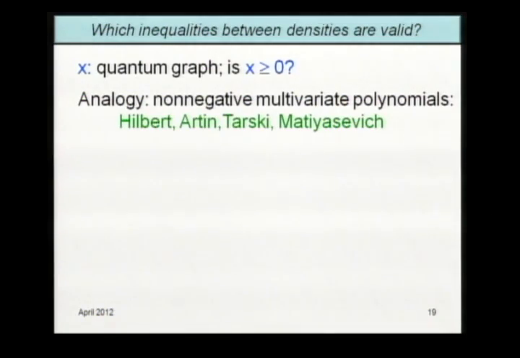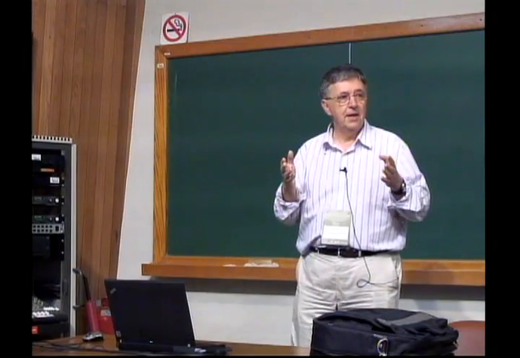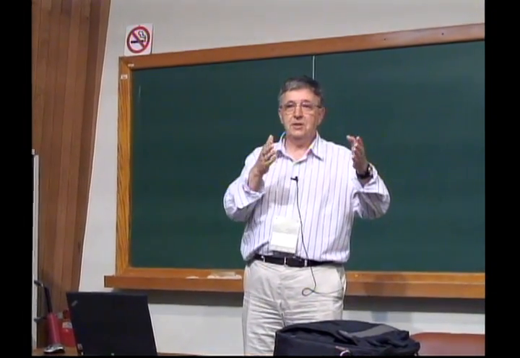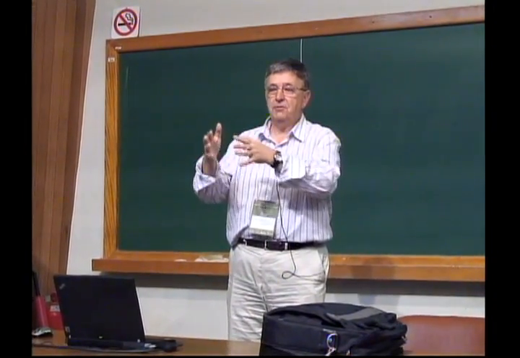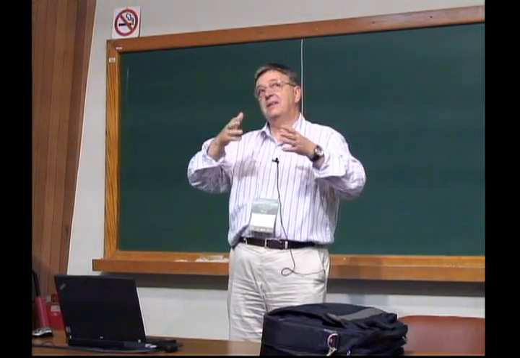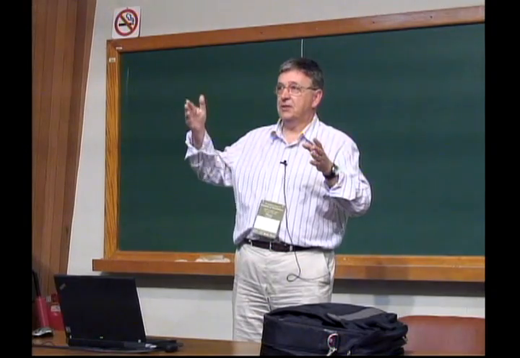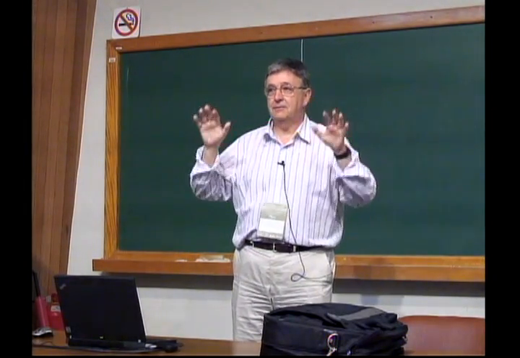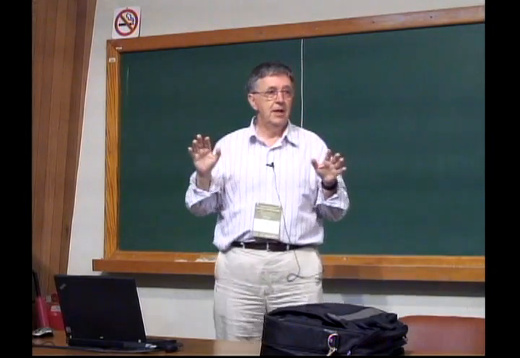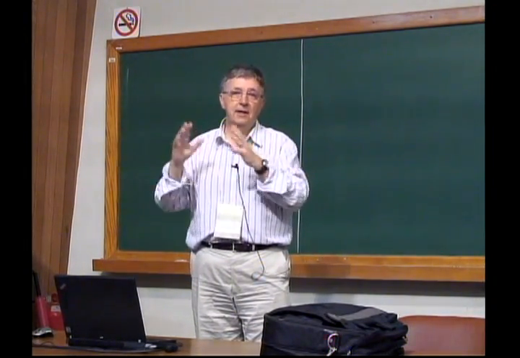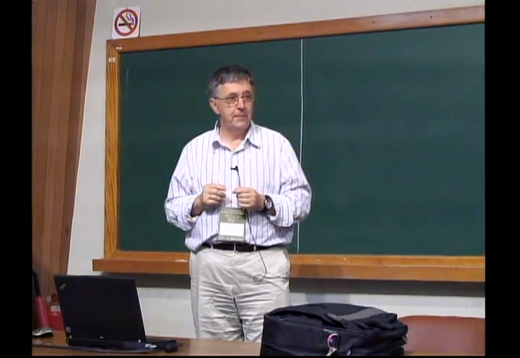Well, that's Hilbert's 17th problem: is it true that every such polynomial is a sum of squares of rational functions? The first question is whether every such polynomial is a sum of squares of polynomials, and we know that's not true. Hilbert knew that, so he asked whether it's a sum of squares of rational functions, and Artin proved that this is true.